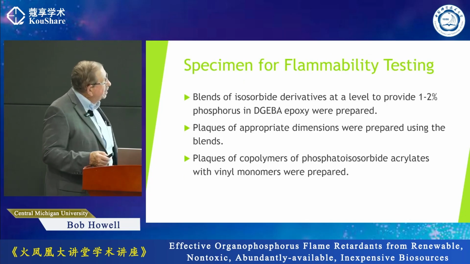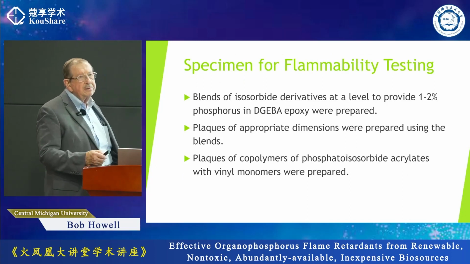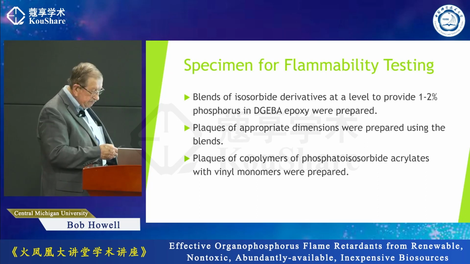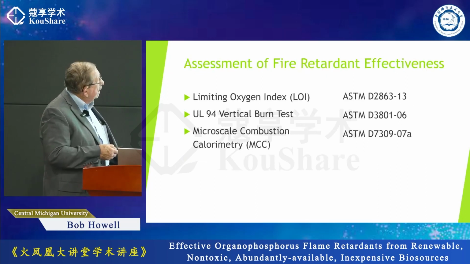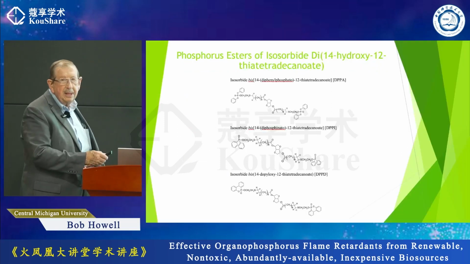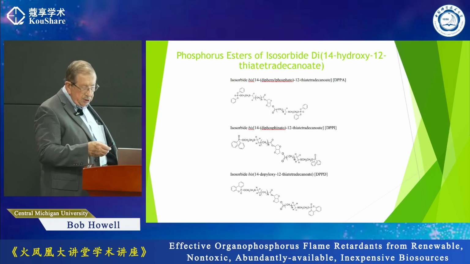In our case, we've looked at low loadings, enough of the derivative to give us 1 to 2% phosphorus, and we've gotten very good flame retardants with that. And we use the standard small laboratory tests to examine initial flammability.